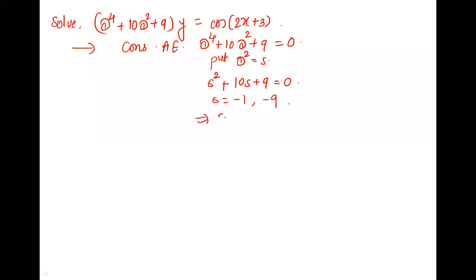But that is nothing but d square is equal to minus 1 and d square is equal to minus 9. Right? So that minus 1 you can shift to the left hand side. D square plus 1 is 0 and d square plus 9 is 0. Solve these two equations now. D equal to plus minus i.